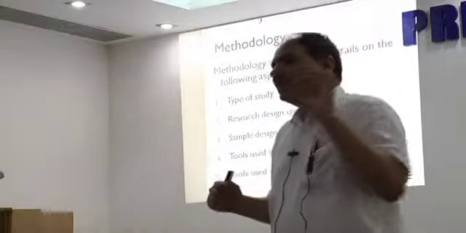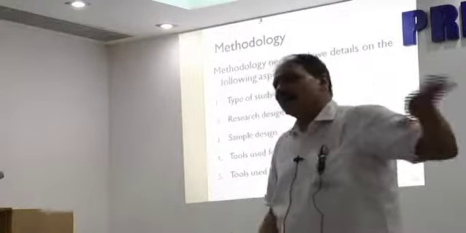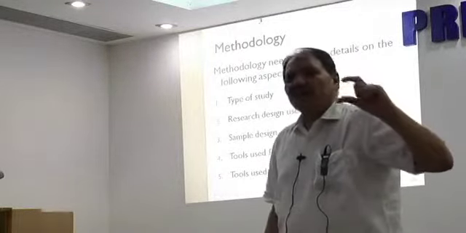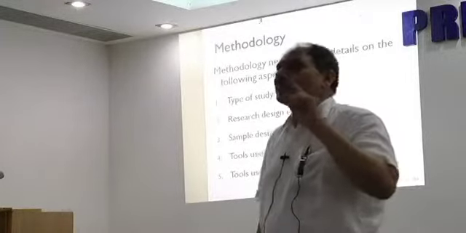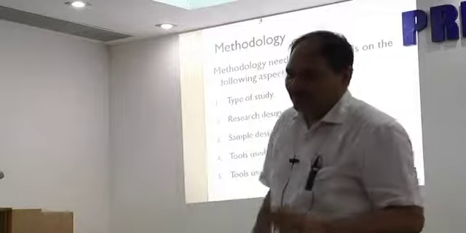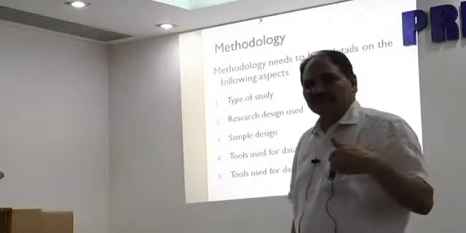So you have to clearly write who that is within the organization also. If you say organizations would be the sample elements, within the organization you need to identify who is going to give you that data. You just can't say that the data was obtained from the organization.